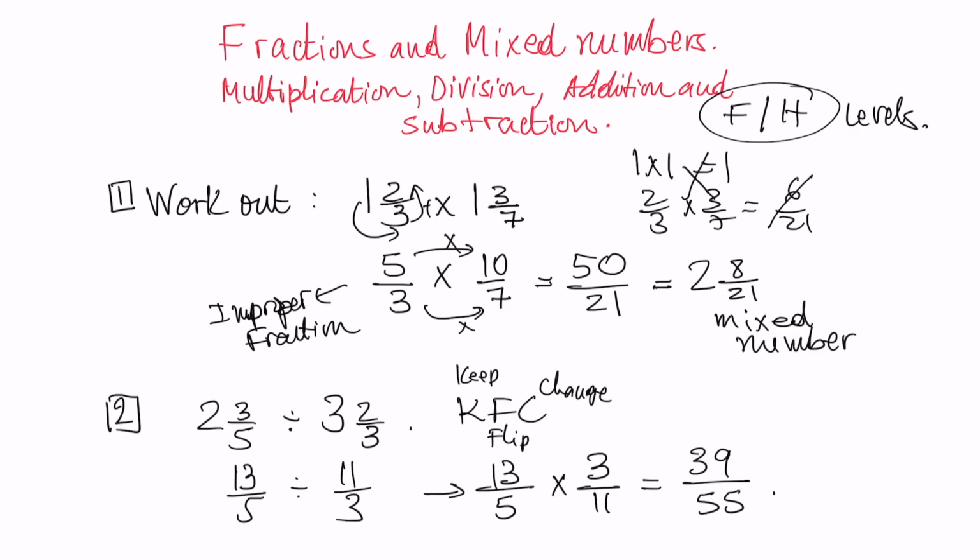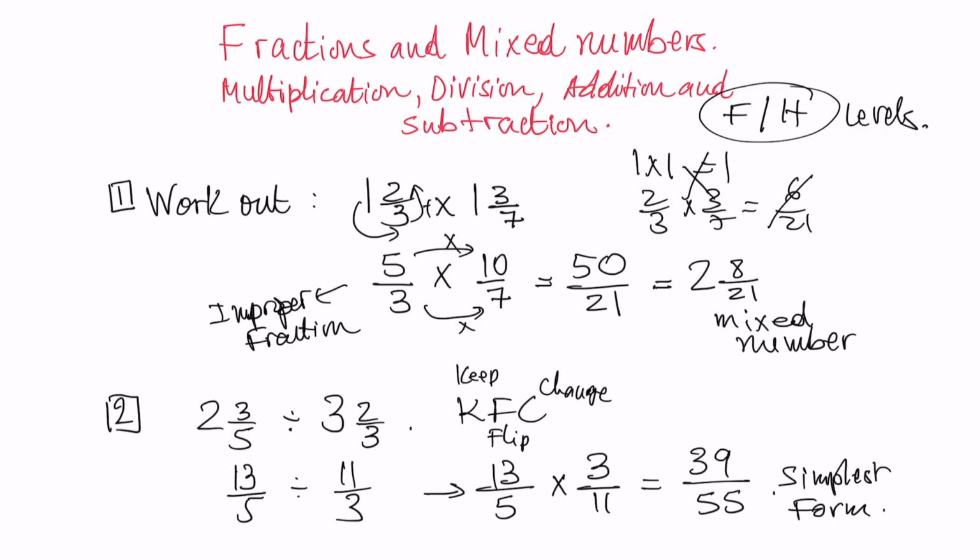And you don't have to simplify this fraction. It's the simplest form already. And it's a proper fraction, not an improper fraction, because the numerator is smaller than the denominator. When the numerator is bigger than the denominator, that's called an improper fraction.